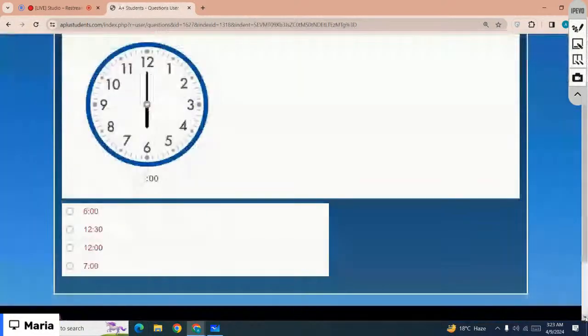Which is the correct option? Yes, the correct option is 6 o'clock, right?